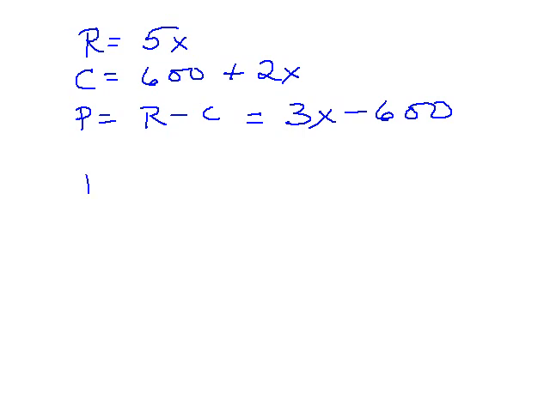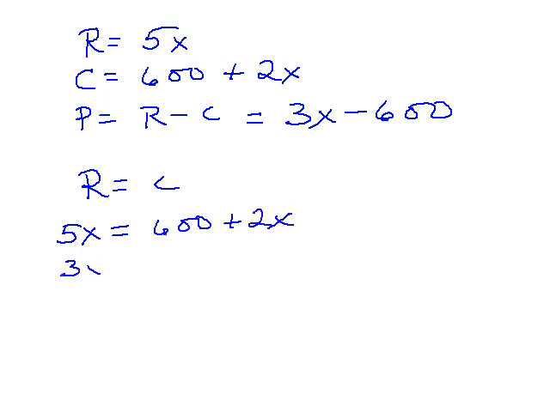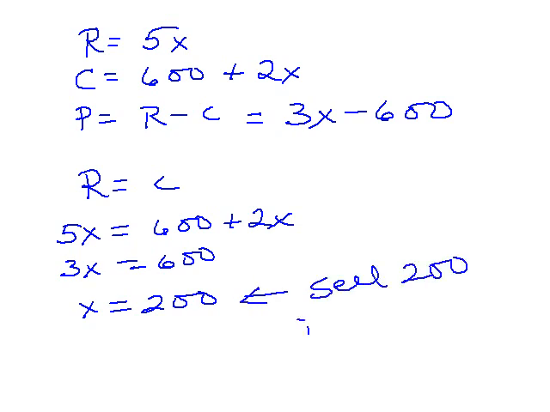To do that, I set R equal to C, or you could set profit equal to 0, but let's just do R equal to C. So 5x equals 600 plus 2x. Obviously we have 3x equals 600, x equals 200. This means I have to sell 200 items to break even.